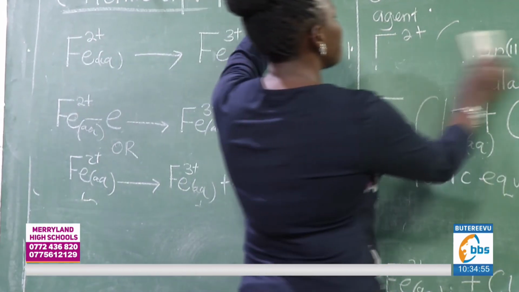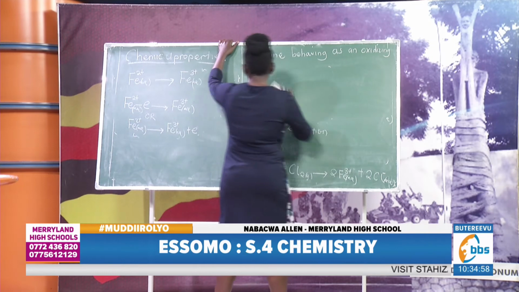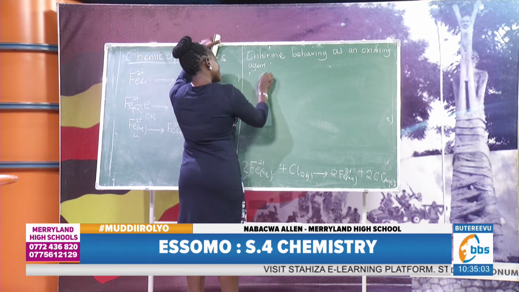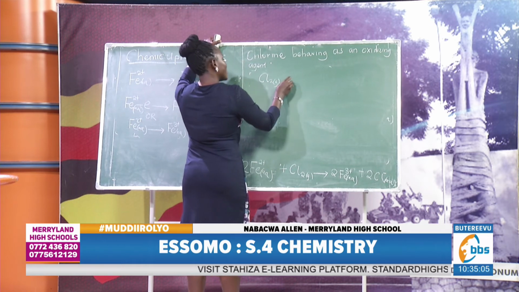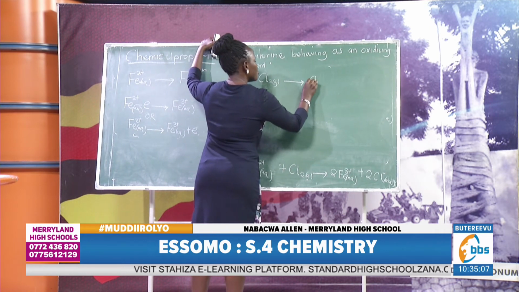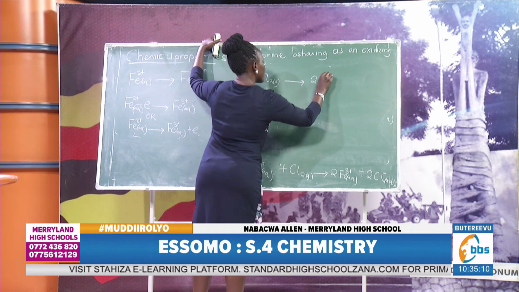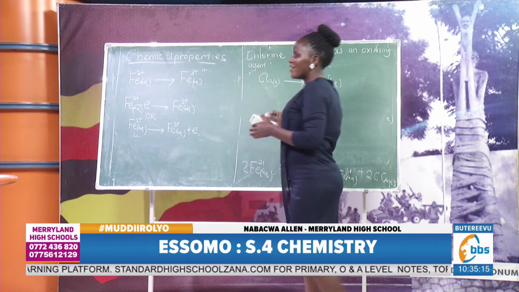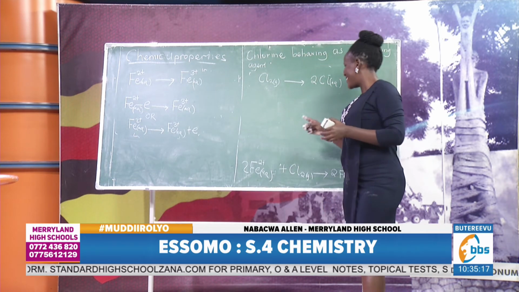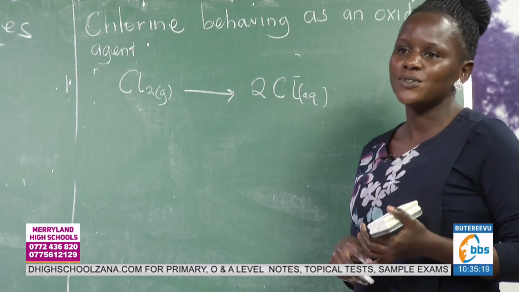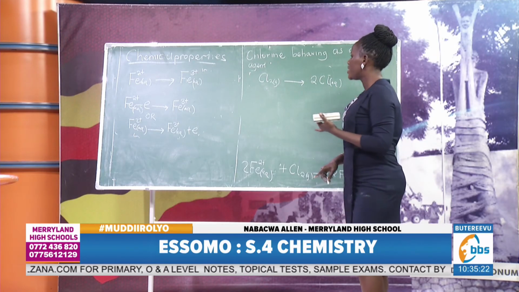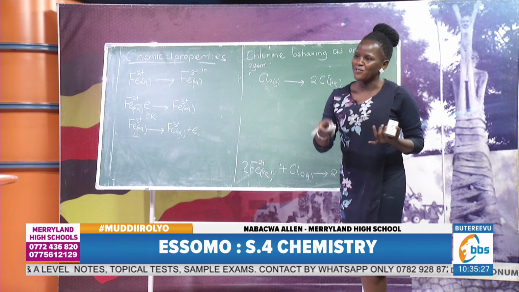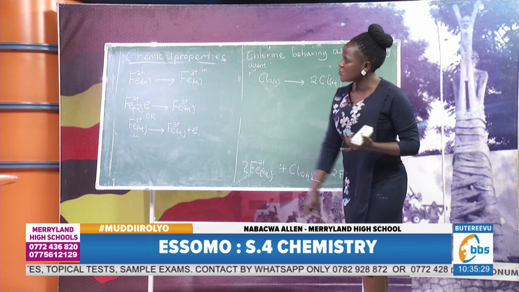What about for chlorine? Has it really been reduced? Remember, we have chlorine gas, but now giving us 2 chloride ions. And remember, we said that when it comes to reduction, we have removal of oxygen, addition of electrons, or addition of hydrogen.